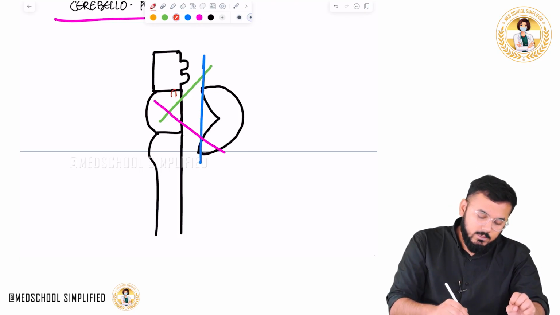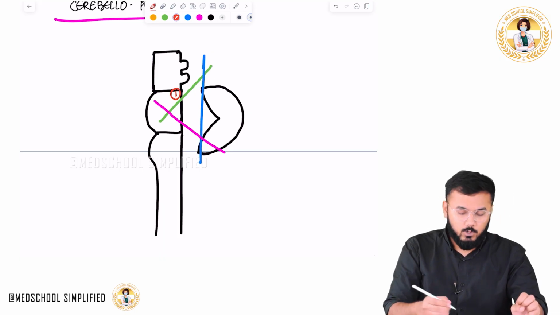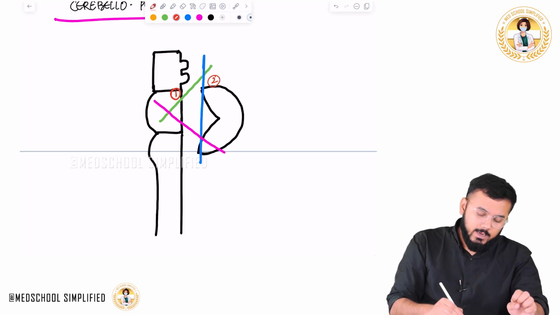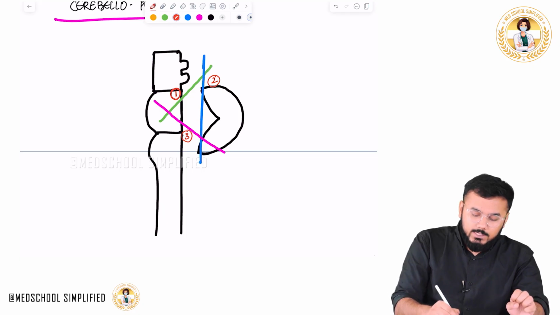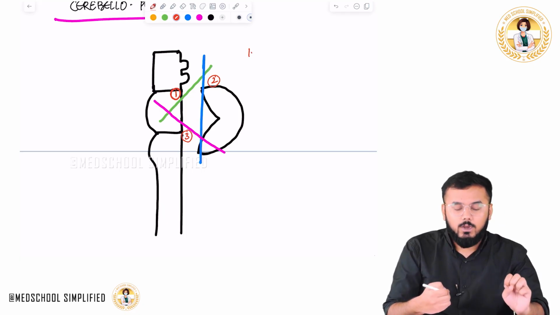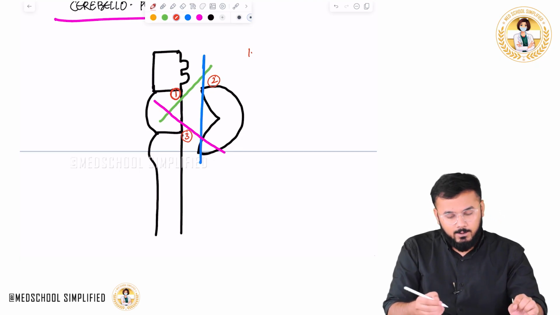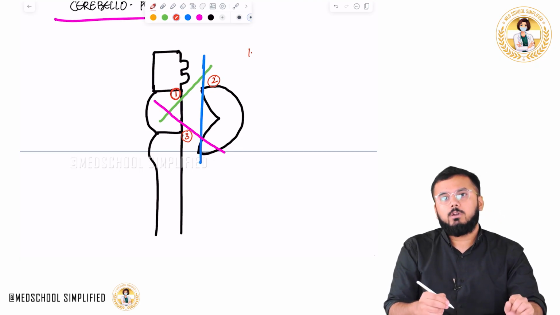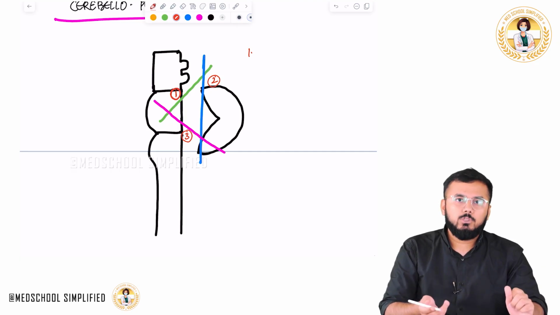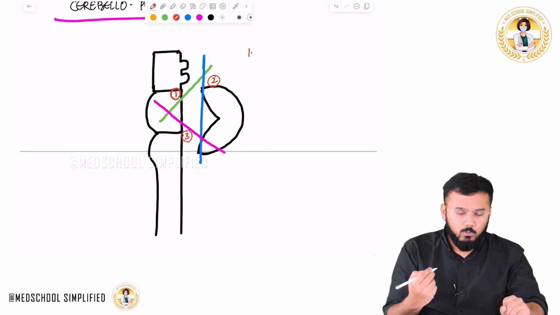Let us say this is the roof, the first border, this is the second, and this is the third. So let us see what point number 1 is. Isn't it the superior border? It is the superior border of the petrous bone. Where is the petrous bone? The petrous bone is a part of your temporal bone.